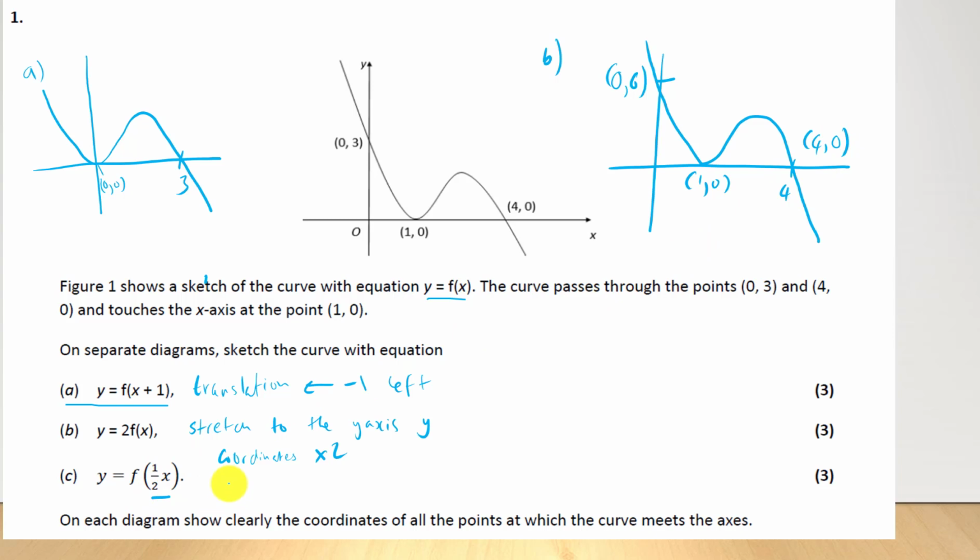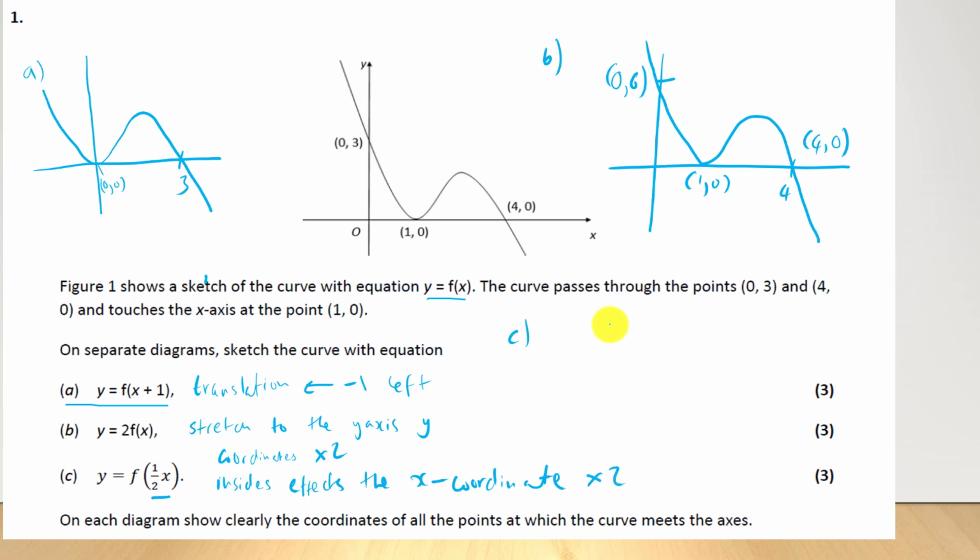Right, remember this is inside. It impacts or affects the x coordinate, we know it's the opposite on the inside. So that means if it's a half there, it means times 2, so times 2 to the x coordinate.